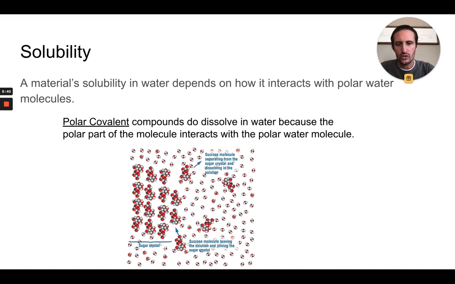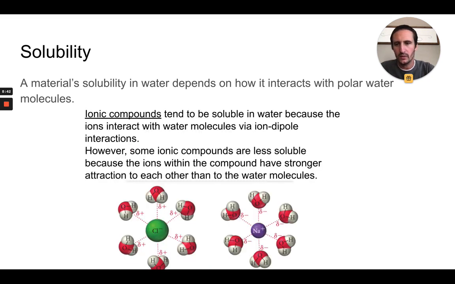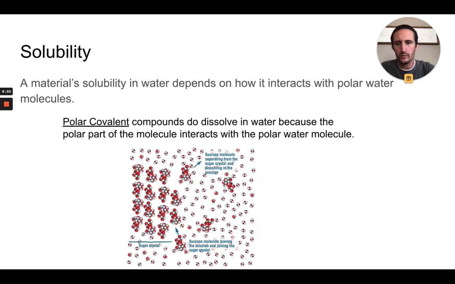One thing you should note, going back to ionic compounds, is that when they dissolve, the ions separate. We call that dissociation. When polar molecules dissolve, the molecule itself stays whole, intact. And so you get one molecule totally surrounded by water molecules.